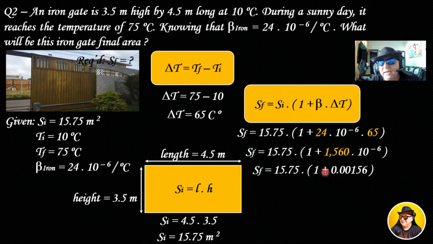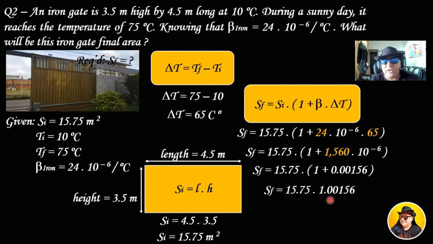I'm going to add up now this value. So 1 plus 0.00156. This number 1 is going to be written right here, this way. Now I have that 1 plus 0.00156 is 1.00156.